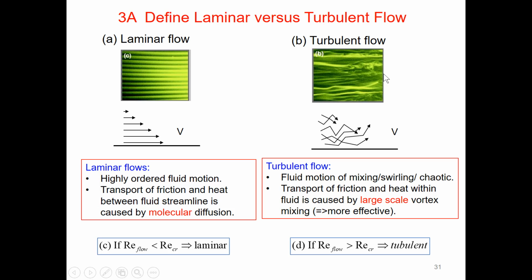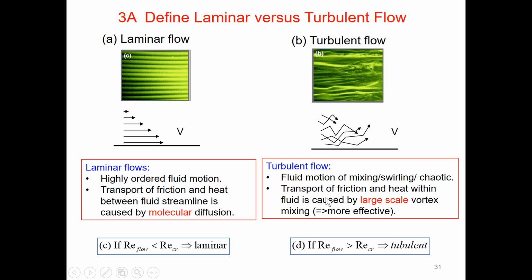Turbulence, on the other hand, is defined as highly disordered fluid motion. It indicates turbulent fluid motion is full of mixing, swirling, tangling, and chaotic.